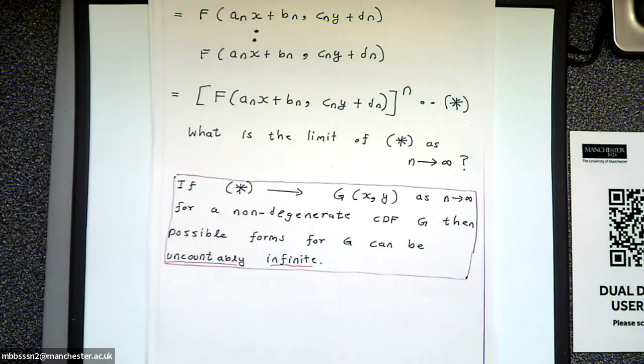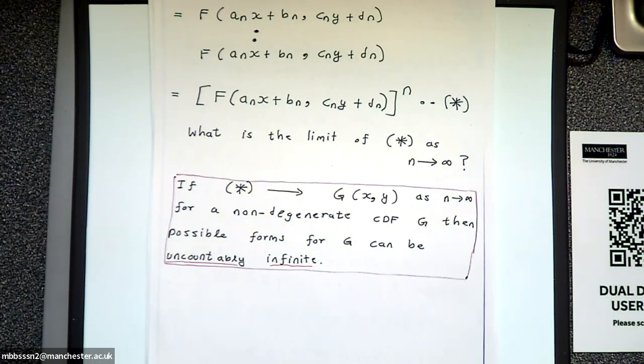Now, you may recall I asked a similar question in the univariate case, right? And the answer was that it must be of the same type as either Gumbel or Frechet or Weibull. You remember that, right? In the univariate ETT. But unfortunately, in the bivariate or multivariate cases, the limit, if it exists, suppose the limit is G of x comma y, right?